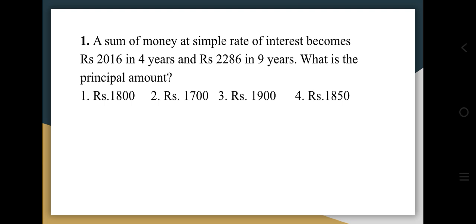So the principal amount plus the 4-year interest is 2016, and the principal amount plus 9-year interest is 2286. So principal amount plus 9-year interest is 2286. Principal amount plus 4-year interest is 2016.